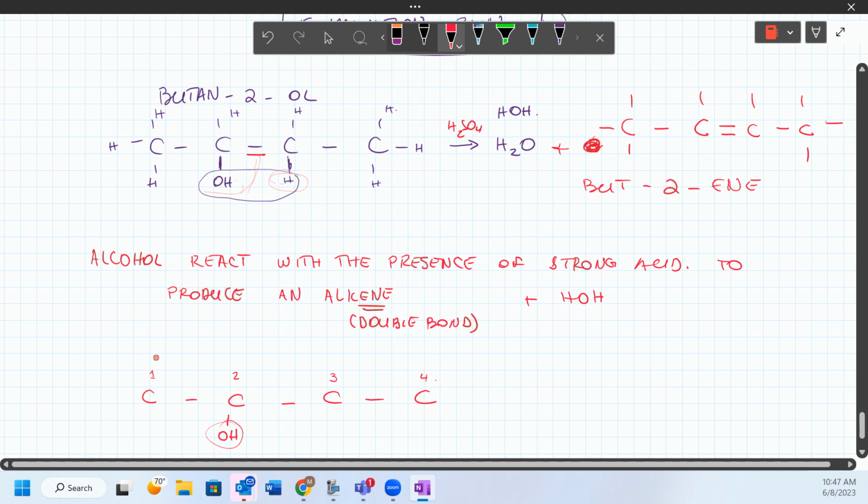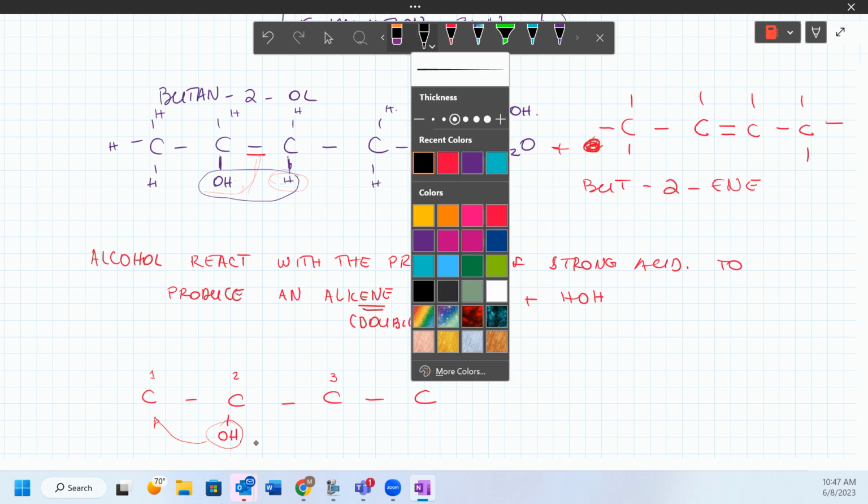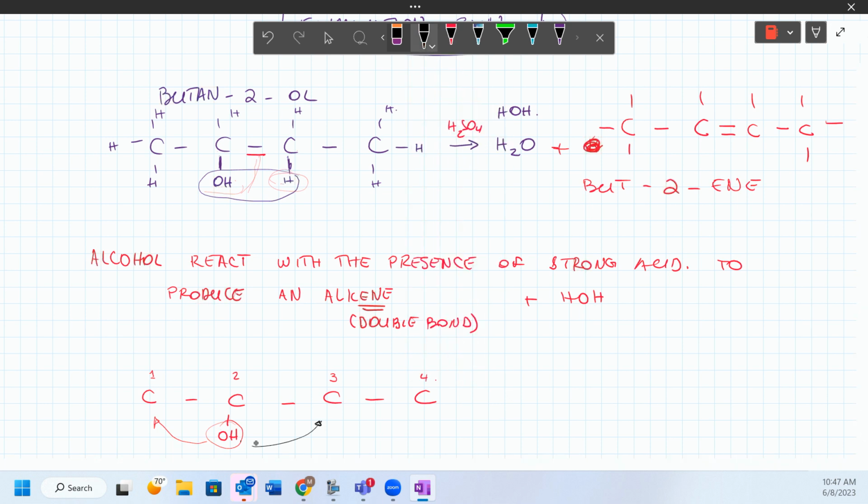This OH has the opportunity to go either with this hydrogen here, or with this hydrogen here, or with this hydrogen here. Now you have to see with which one it is going. We said that it will go with the one that has more carbon-to-carbon bonds.